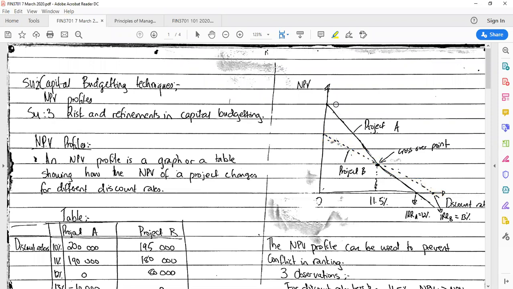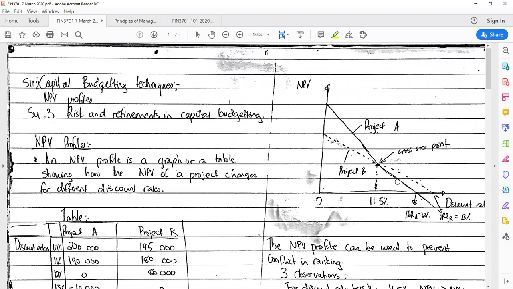So this is just a diagram illustrating the NPV of two different projects and how the NPV of these two different projects is decreasing as we increase our discount rates. We call this an NPV profile. So the bold line is for project A, and the dotted line is for project B.